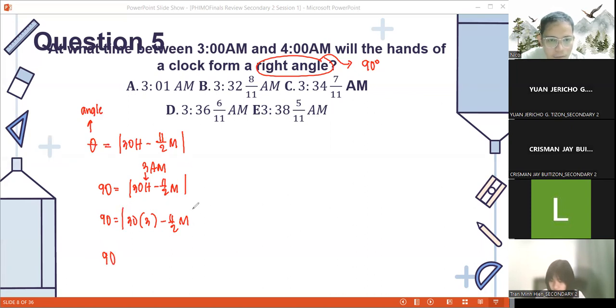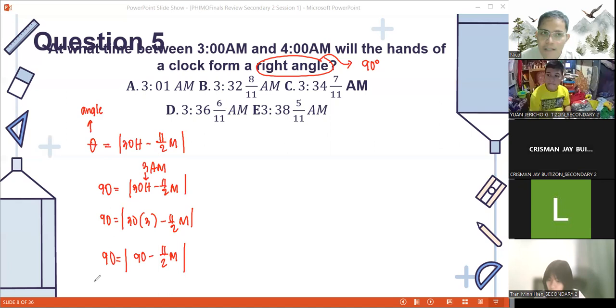So we have 90 minus 11 over 2m. Take note, if you take the value of 90 as positive, it will become 90 minus 90, and that's not possible, because it says here, at what time between, so it should be in between.